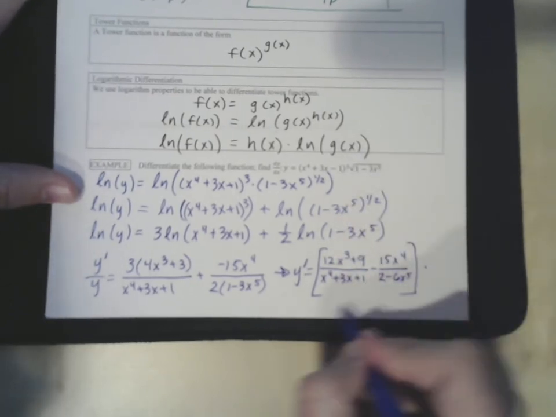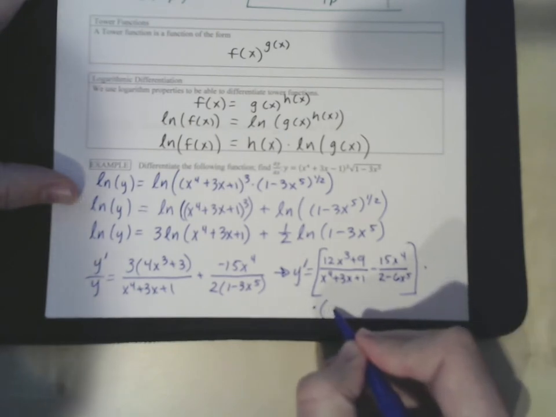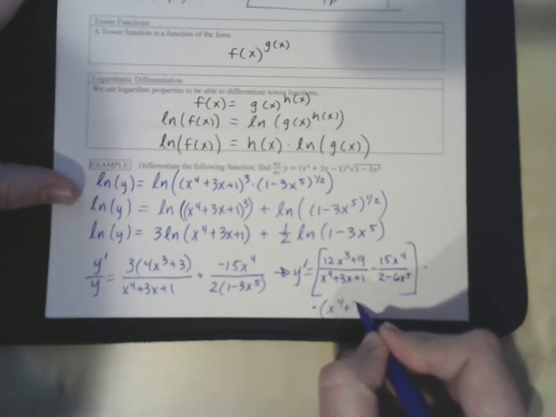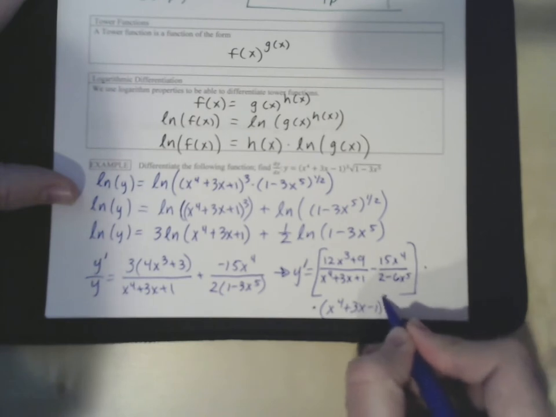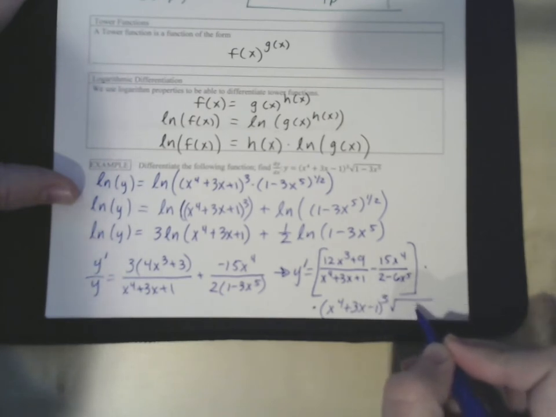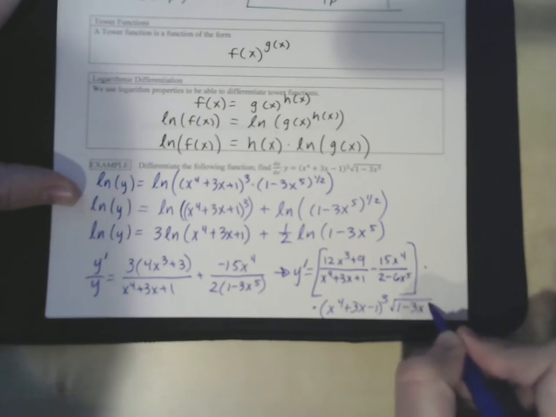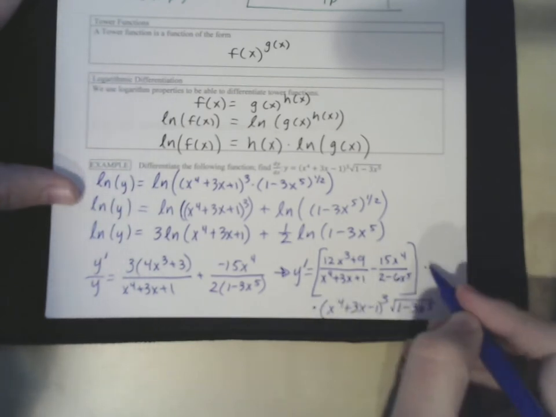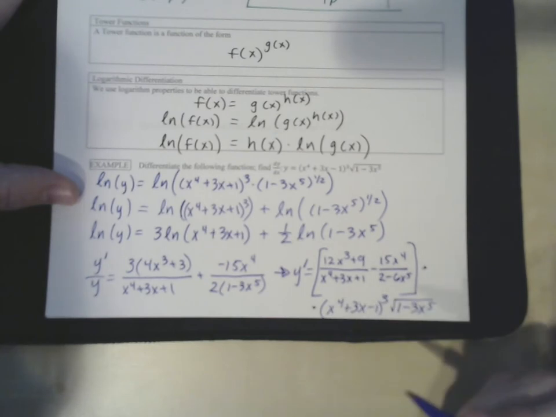And I don't have enough space, so I'm going to write it below. x to the fourth plus 3x minus 1 cubed times the square root of 1 minus 3x to the fifth.